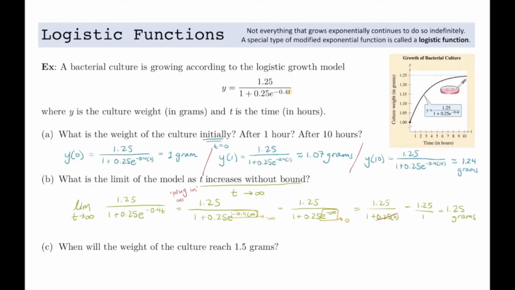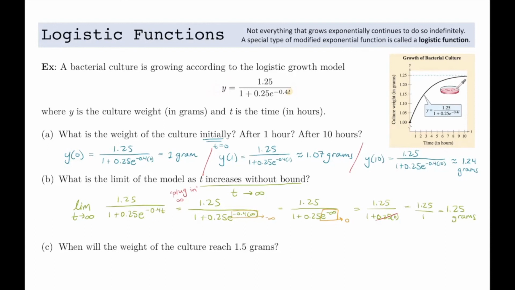Okay, part C says, when will the weight of the culture reach 1.5 grams? That would actually be setting this equation equal to 1.5 over here, and then trying to solve for t. We haven't in this class talked about logarithmic functions, but we will very soon. That would be required to solve for a variable that's up in an exponent like that.